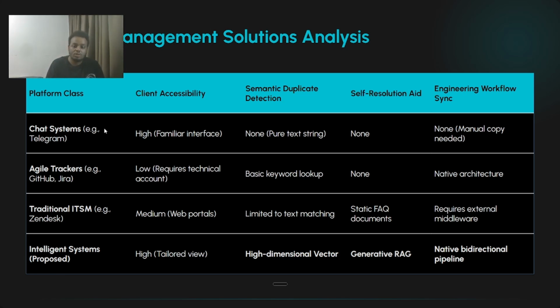And self-resolution aid, yes, there is only a small frequently asked questions document that AI could use to help answer, but it doesn't have full context awareness of the system. And then engineering backflow, there is none.